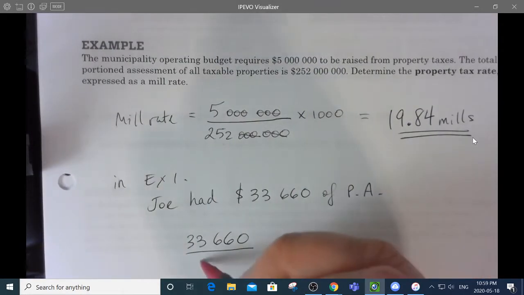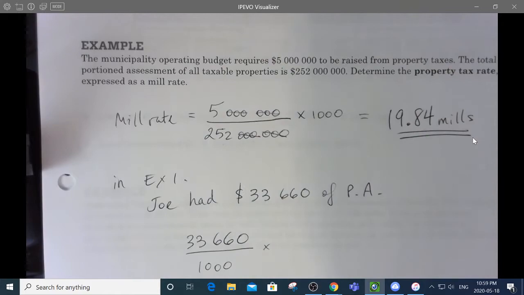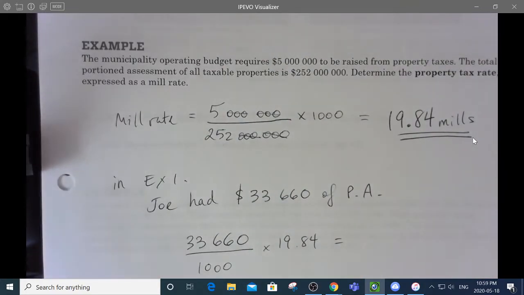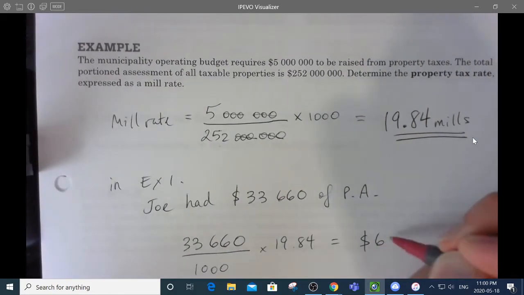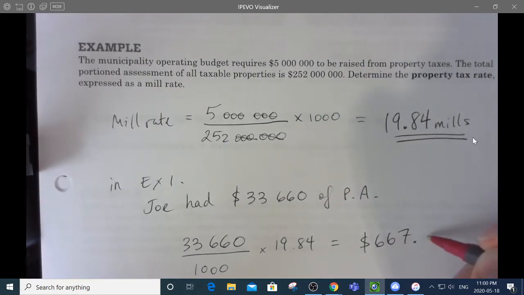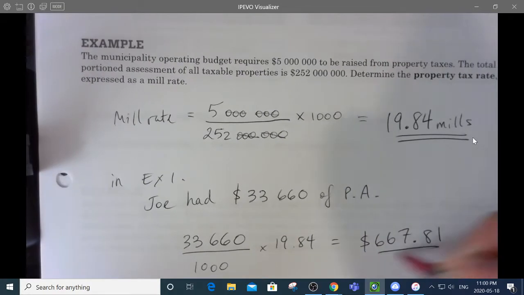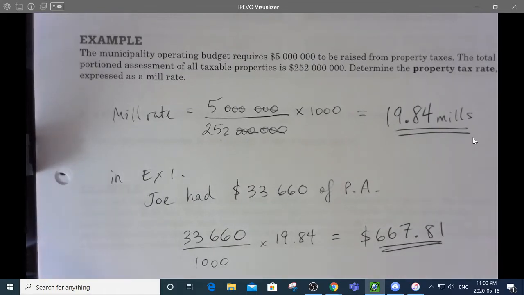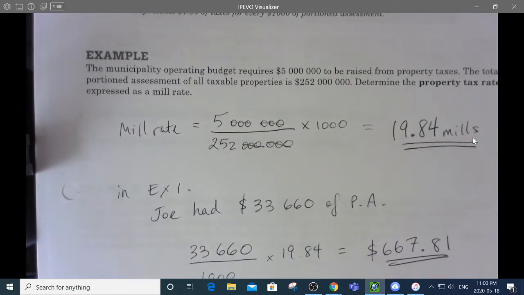Well, divide that by 1,000 and times it by the mill rate. And that would be his property taxes. Now, this is obviously a very low example. Most property taxes are quite a bit more than this. Divided by 1,000 times 19.84 is $667, and always round money to 2 places, 81 cents. There we go. So there is our first example from lesson 9.